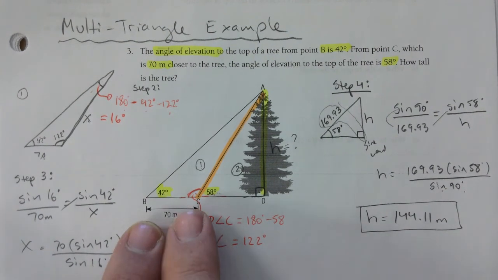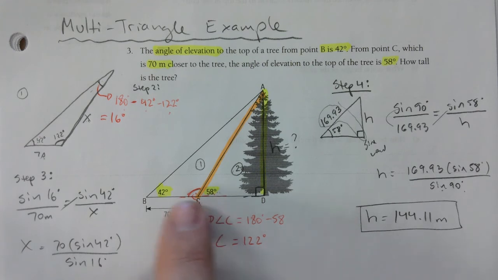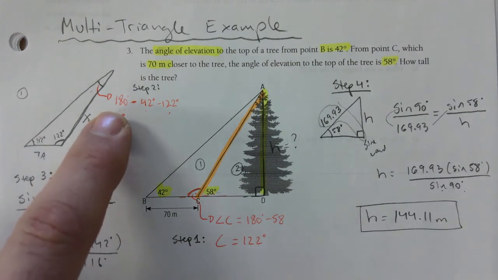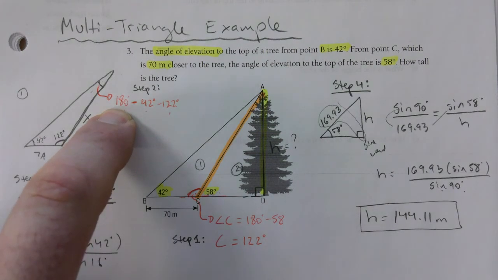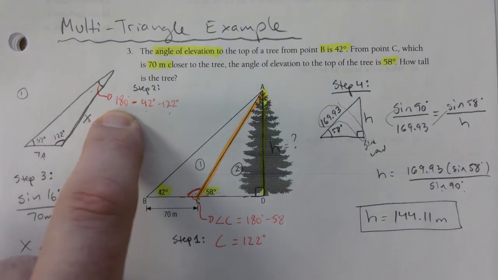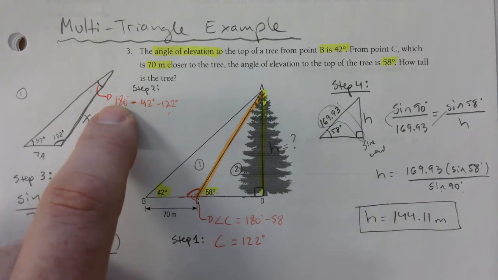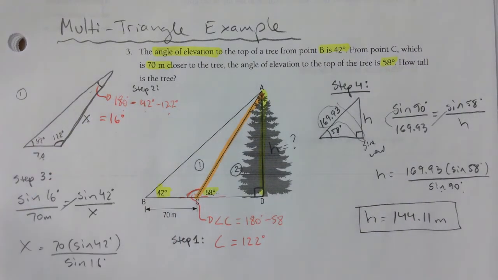I need to know the relationship between angles that are right beside each other along a straight line. And I need to also remember the property that in a triangle, all angles add up to 180. So if I have 2, I can subtract that from 180 to get that. We'll do more multi-triangle as we go.